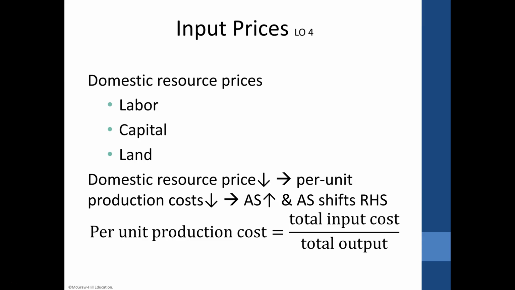For example, if I want to produce some t-shirts, I have to hire workers, I have to get cotton or cloth, I have to use machines to make those final t-shirts available. So those things are the costs of the production procedure.